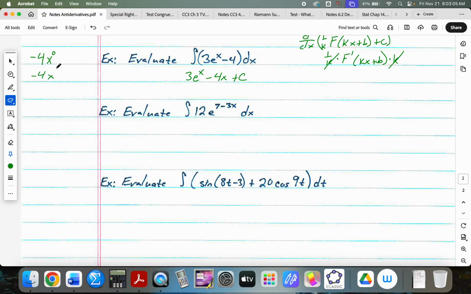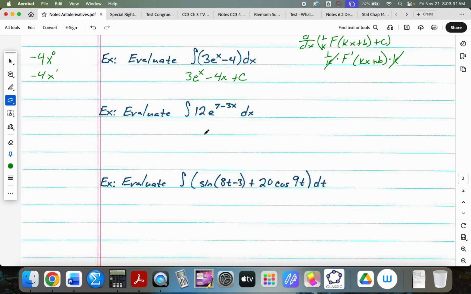Well, that's negative 4x to the first. So it is an application of the power rule. It's just that we don't normally think of it that way. I think of it as, the only way I can get a constant is if this was a linear term, right, when I take the derivative.